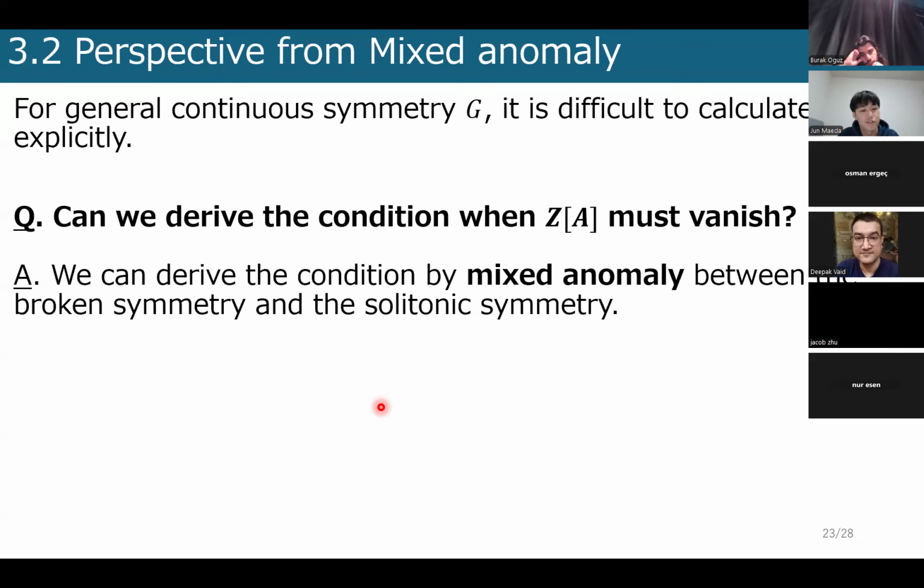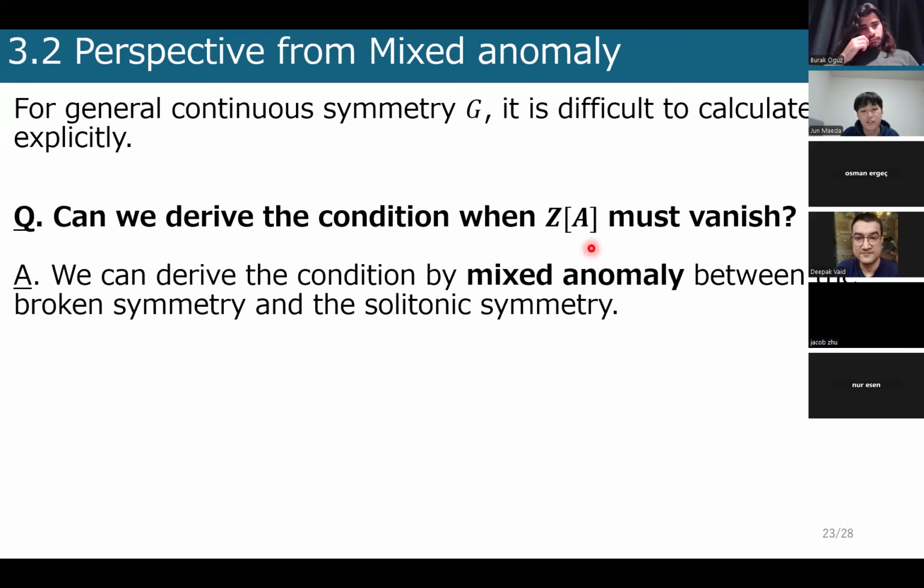So the question is, can we derive some conditions when the twisted partition function must vanish? Because the typical behavior of the twisted partition function is vanishing behavior. So I want to derive some condition for when the twisted partition function must vanish.